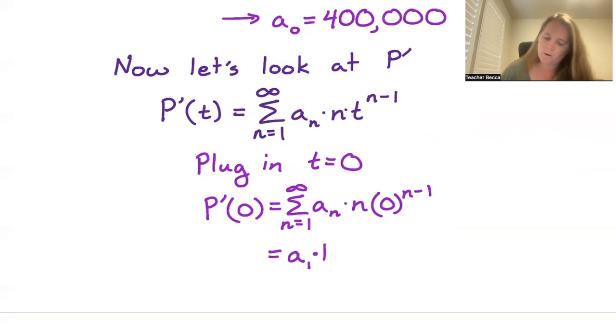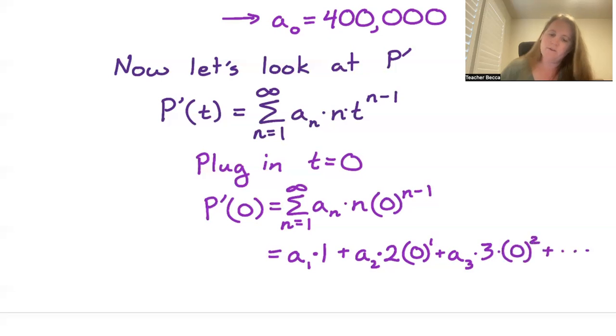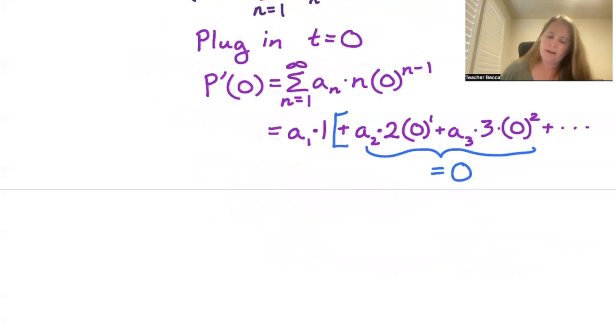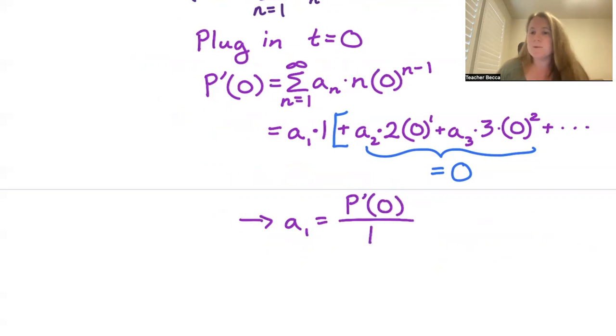So we have a sub 1 times 1 plus a sub 2 times 0 to the first power plus a sub 3 times 0 to the second power plus, etc. So once again, everything after that a sub 1 is just equal to 0. So we get that our a sub 1 is equal to P prime of 0 over 1. I know it's weird to write over 1. I'm doing this so we can see the pattern.